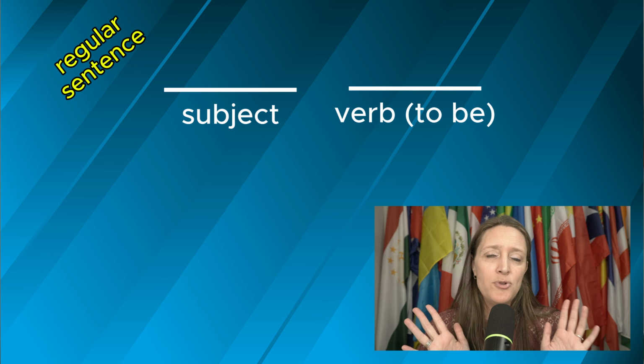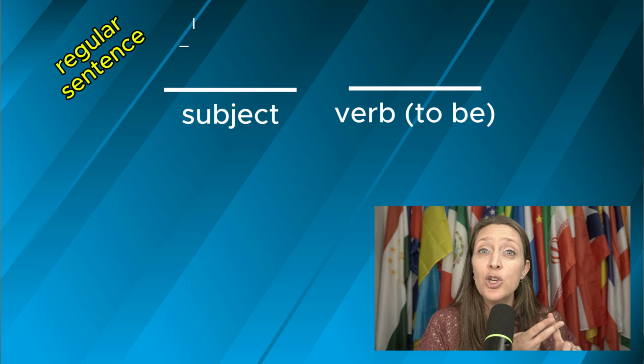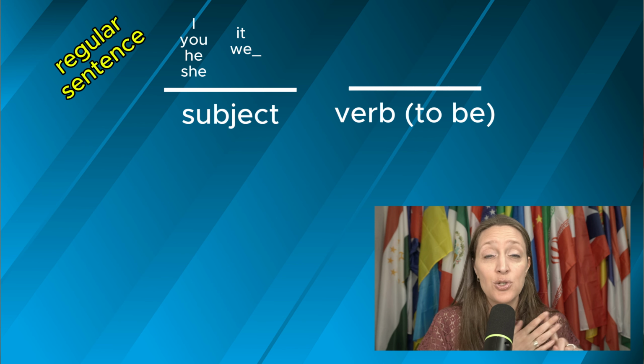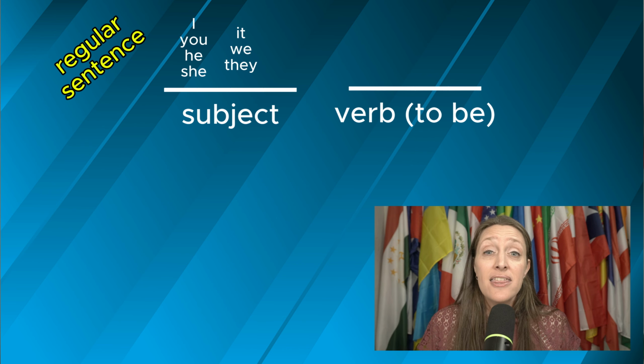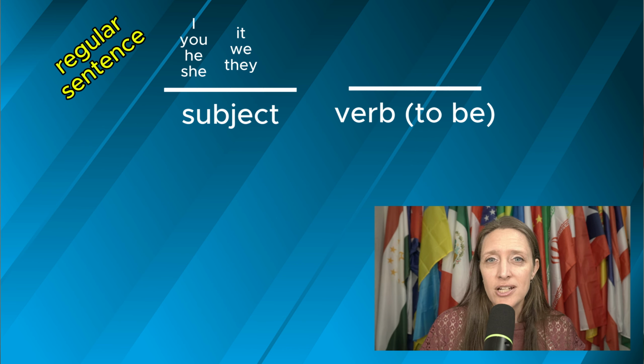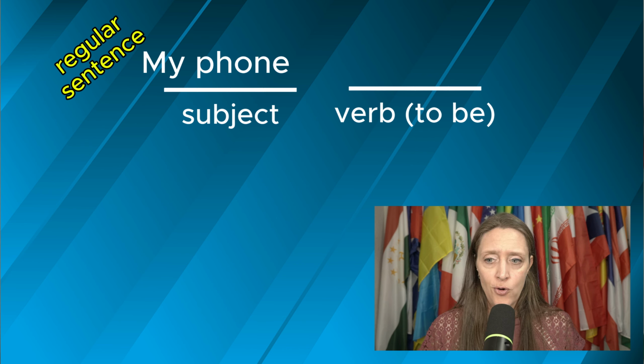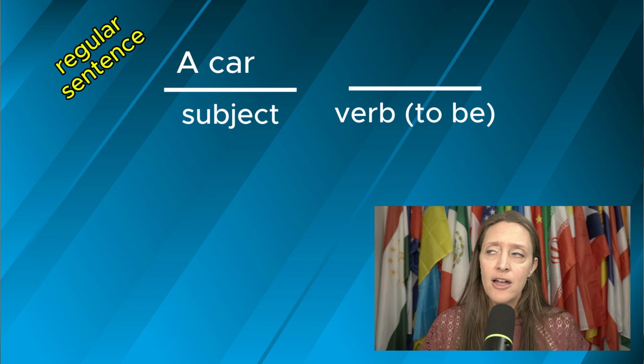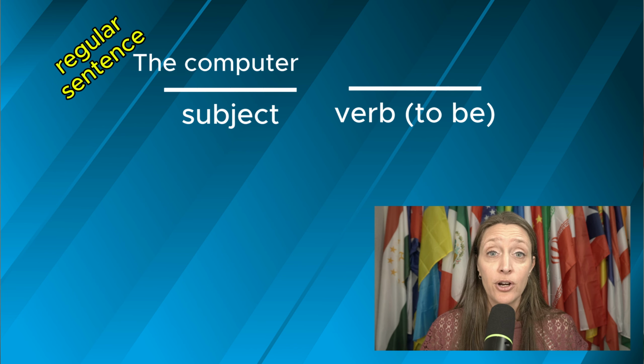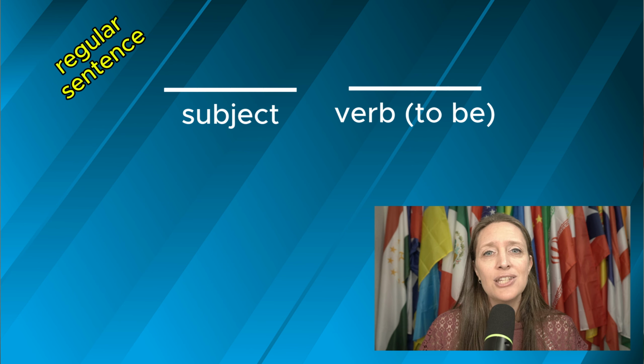Now don't forget, we have the subjects like I, you, he, she, it, we, they, but there are also other subjects in English. For example, my phone. For example, car. For example, the computer. For example, an apple. These can also be the subjects of a sentence.